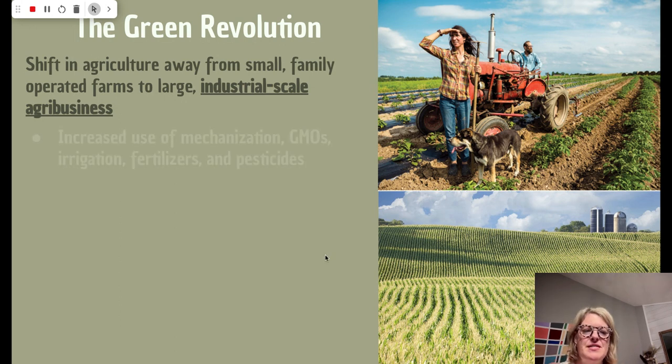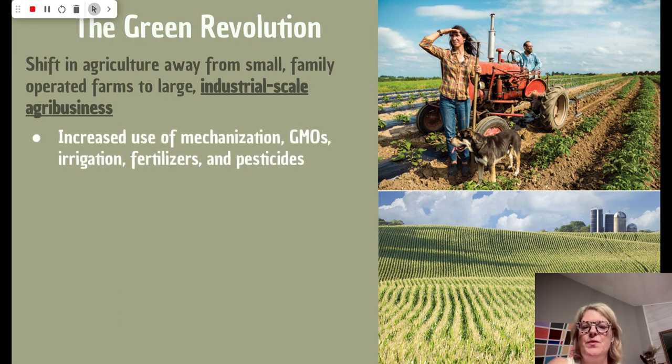This happened when we really saw this exponential growth in the 20th century. In the 1900s, we had an increased use of mechanization. So, we're using a lot more machines to do the work for us so that we can produce food on a much more massive level.